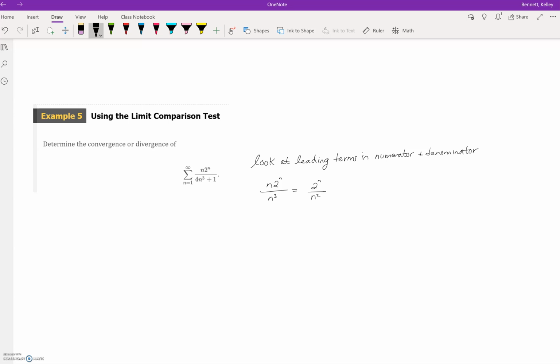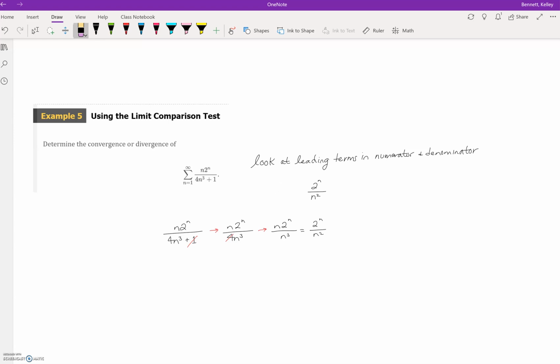So just to be clear, the progression is this: n times 2 to the n over 4n cubed plus 1, kill the 1, n times 2 to the n over 4n cubed, kill the 4, n times 2 to the n over n cubed, and this equals 2 to the n over n squared. Right, so that's the method of what we're looking at.